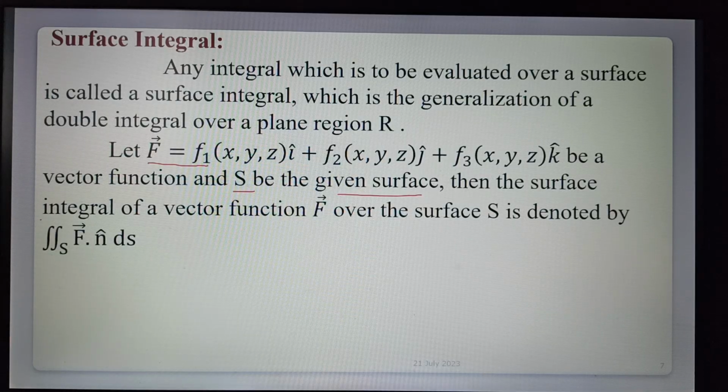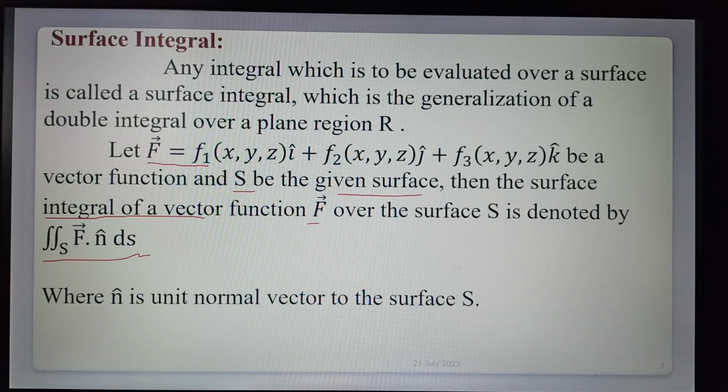Then the surface integral of a vector function f bar over the surface S is denoted by the double integration over S of f bar dot n cap dS, where n cap is the unit normal vector to the surface. F bar is a given vector defined on every point on the surface S, and n cap is the unit normal vector drawn to the surface S. So this is called the surface integral.